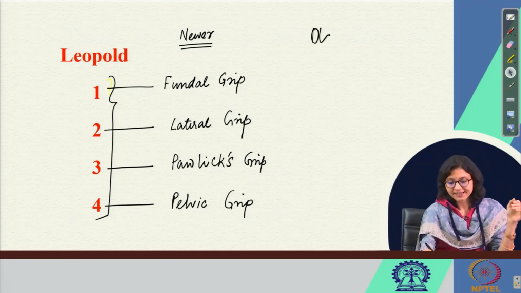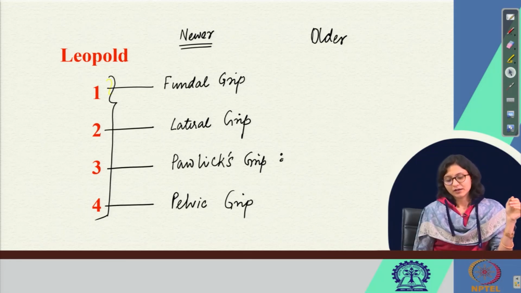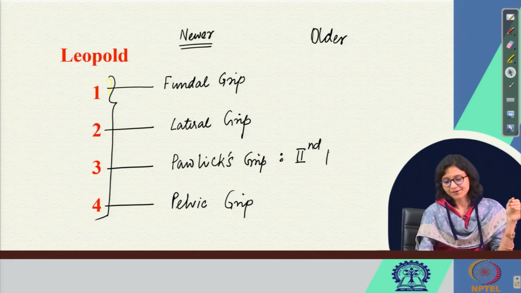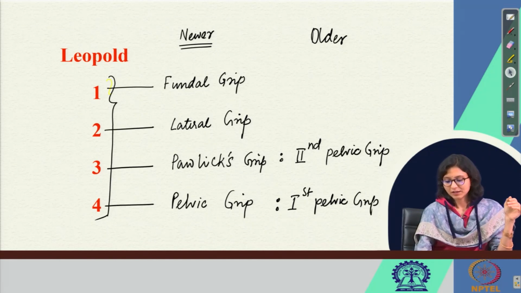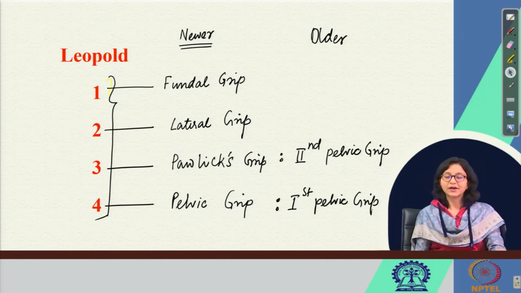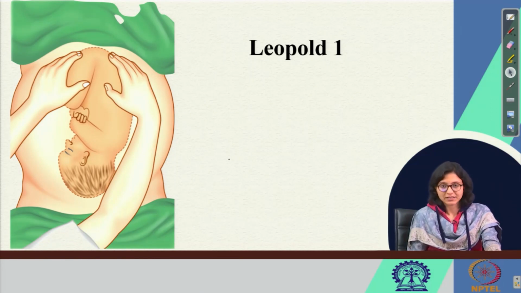Previously, in older days, this third Leopold maneuver was called as the second pelvic grip, and the fourth Leopold maneuver was called as the first pelvic grip, right? Now it has changed, it is called as Pawlik's grip and the pelvic grip, the third and fourth Leopold maneuvers. Okay. Now coming to the examination.